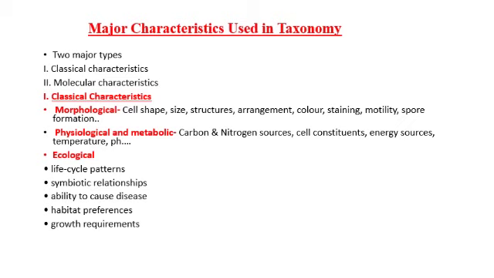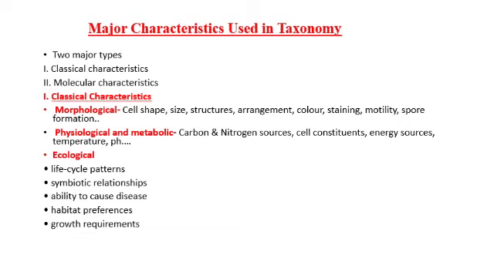And another criterion is the major characteristics. What are the characteristics used for this taxonomy, for the classification? The two major types of characteristics are classical characteristics and molecular characteristics. The classical characteristics mainly have four categories: morphological, physiological and metabolic, ecological and genetic.